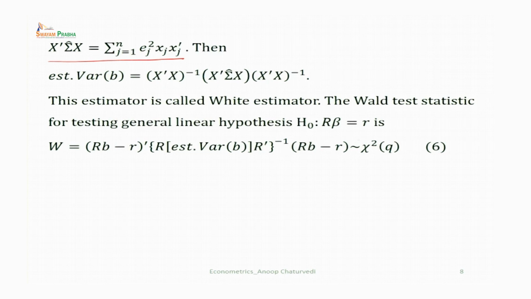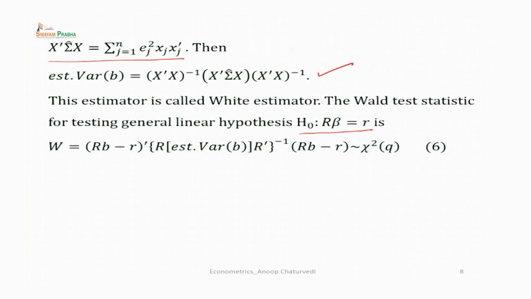And suppose you want to test the hypothesis H naught: R beta equal to small r. Then the Wald test statistic for testing this general linear hypothesis is W equal to (R B minus small r) transpose. Then in between we take R, then we take the estimate of the variance covariance matrix of B, which is given here, R transpose, then (R B minus small r), and this follows a chi-square distribution with q degrees of freedom.